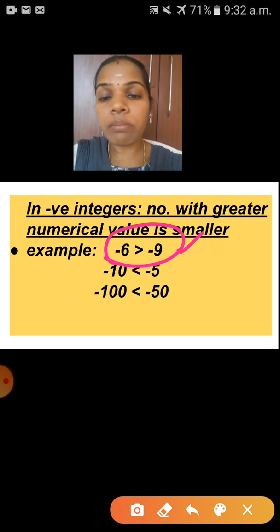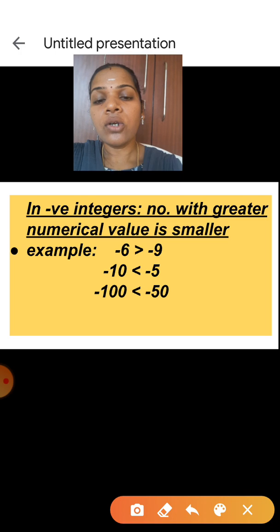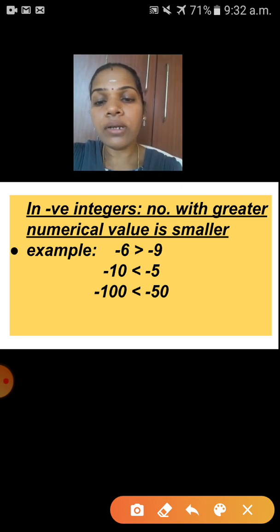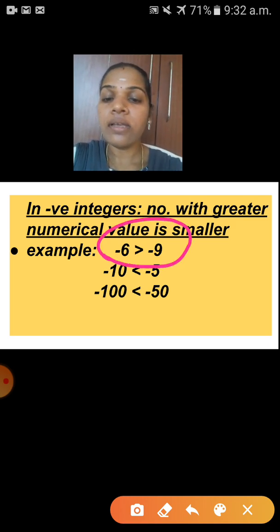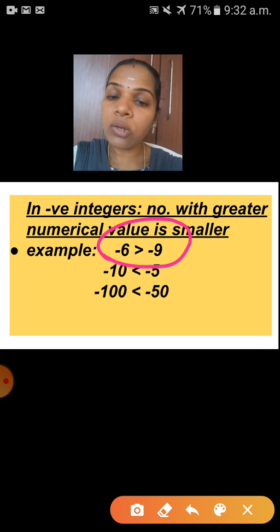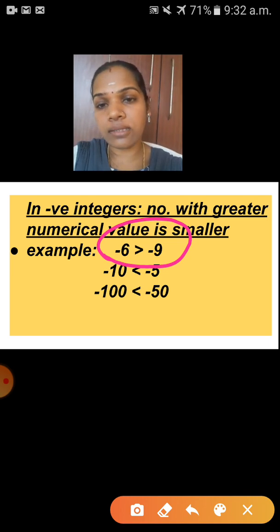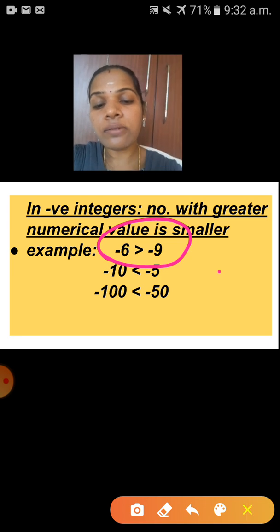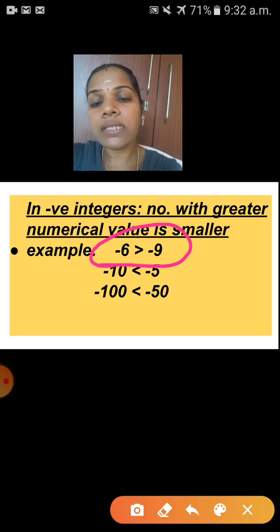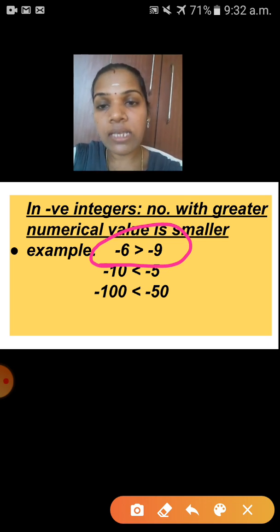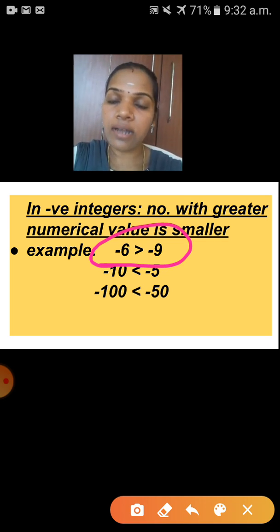So here 6 and 9, which one is greater numerically? Yes, 9. So that value is smaller than -6. Okay. So here what can you write? Yes, -6 and -9, here -6 is greater than -9.